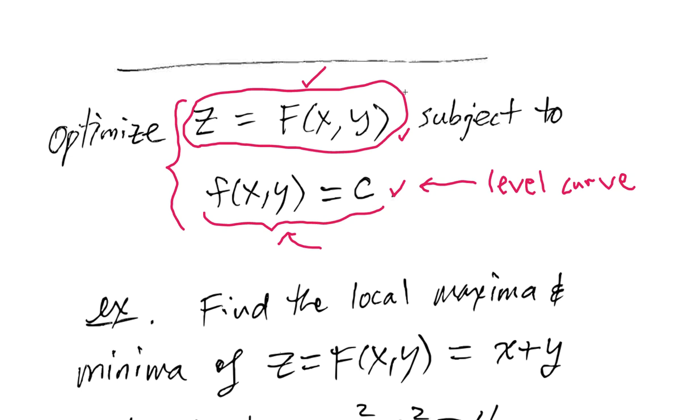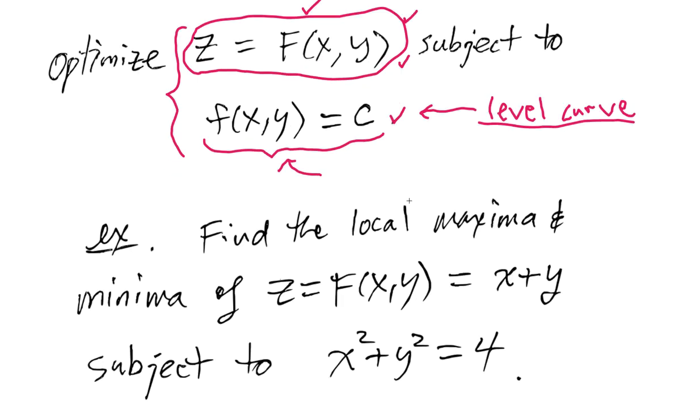I want to know the high z points and low z points on that curve in 3-space. It's kind of like trying to find the high and low points on a roller coaster, where if you took the roller coaster and projected it down into the xy plane, you get this level curve here. I hope that makes sense to you.